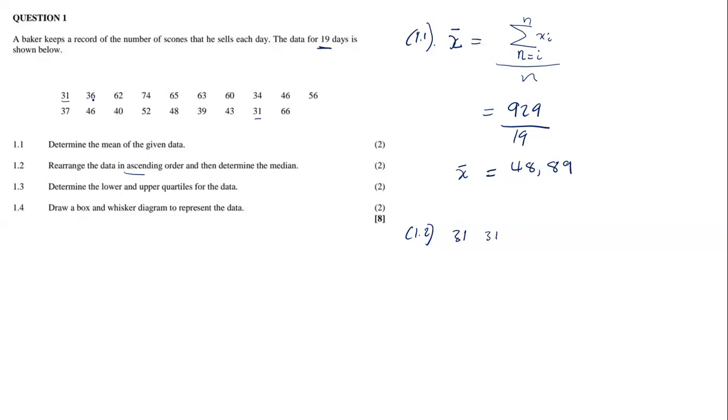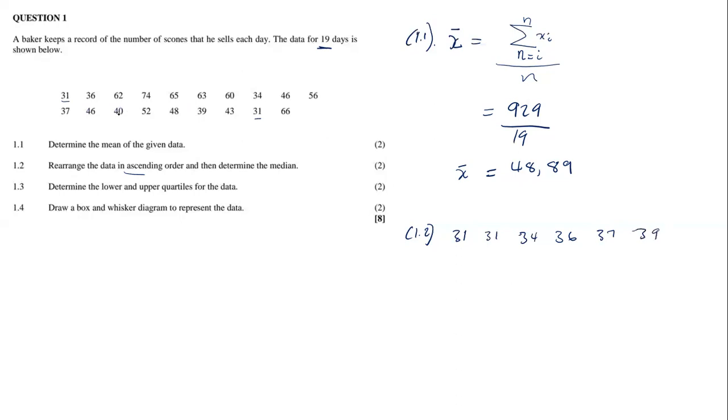After 31, I see 34. After 34, I see 36. It's only one 36. And then after 36, I see 37, only one 37. After 37, I see 39. We don't have 38. We have only one 39.